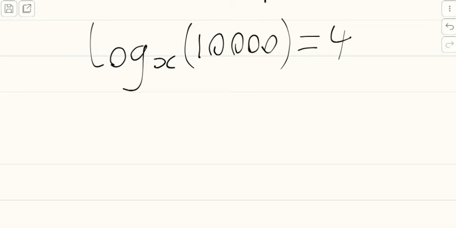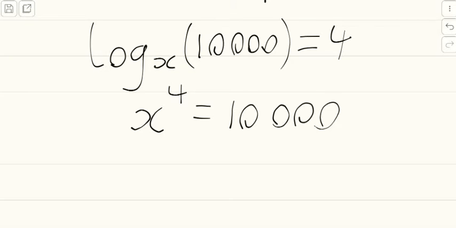Okay, so using what we know, x is our base. To get from x to 10,000, we raise x to the power of 4. So we get x to the power of 4 is equal to 10,000. Okay?